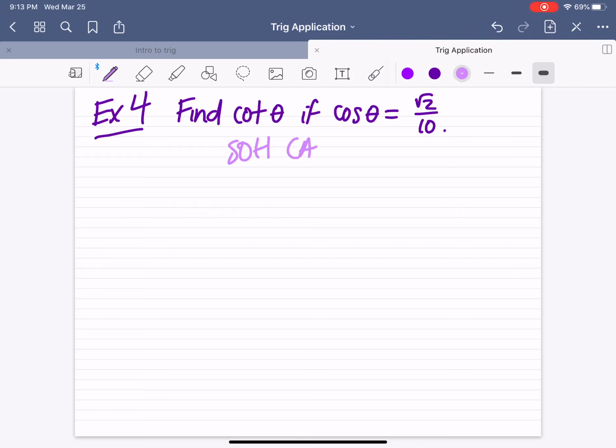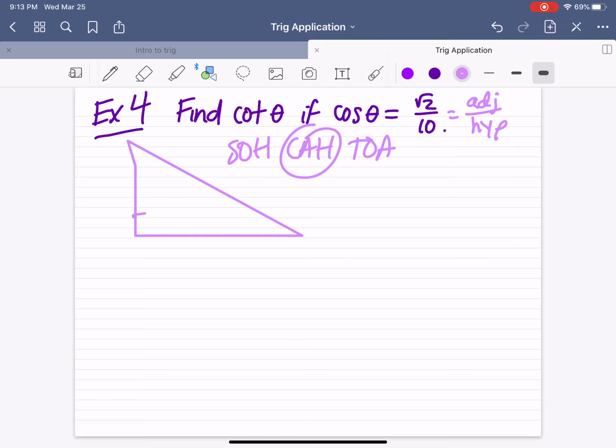We're going to start by writing SOHCAHTOA. We're given the cosine, so they gave us the adjacent over the hypotenuse. Next thing I'm going to do is draw my triangle and label the given sides.